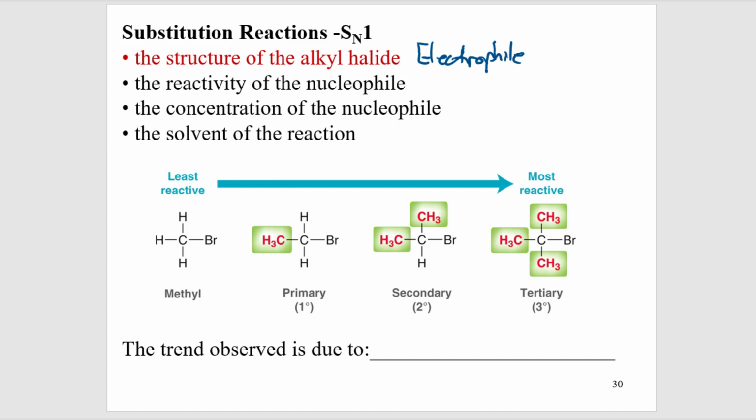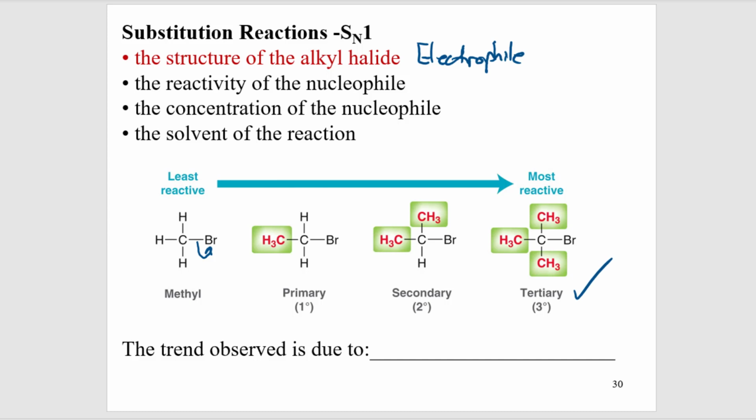A methyl is the worst case scenario because when that leaving group leaves, that carbon has no inductive stabilization. There's no hyperconjugation with those extra carbons next door. A primary is only slightly better, but man, I'm shooting for gold here. I want tertiary.